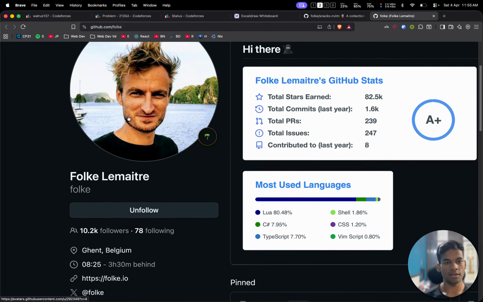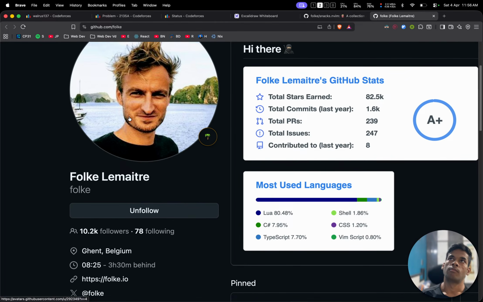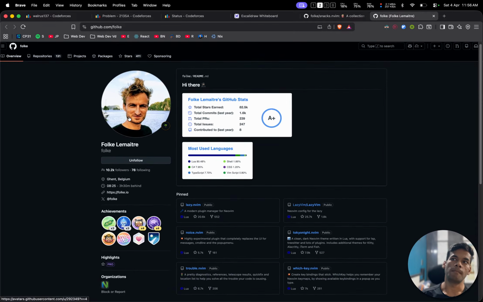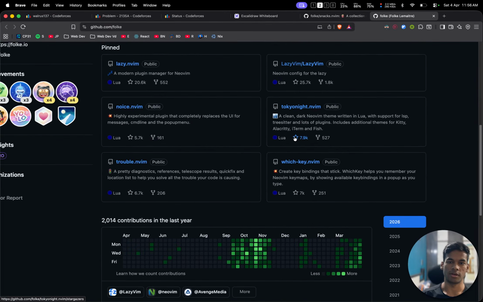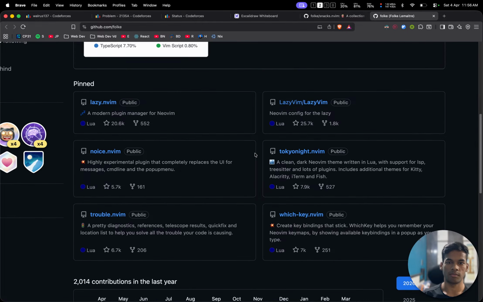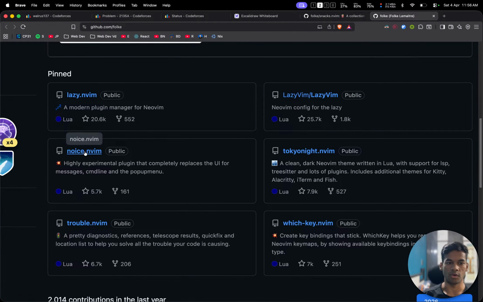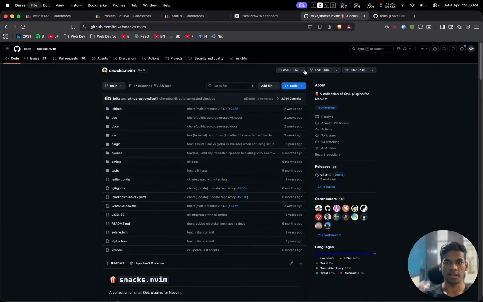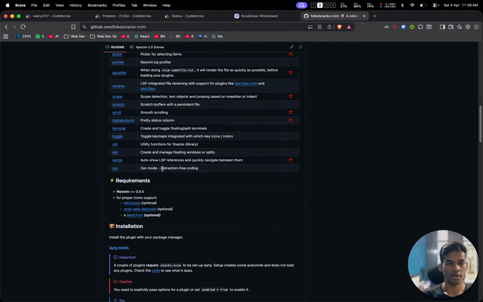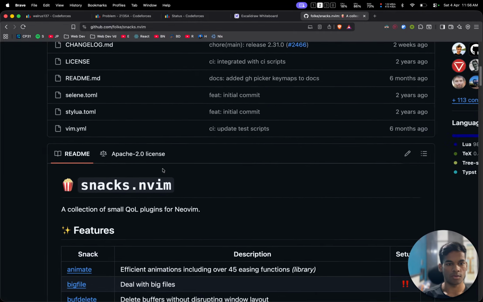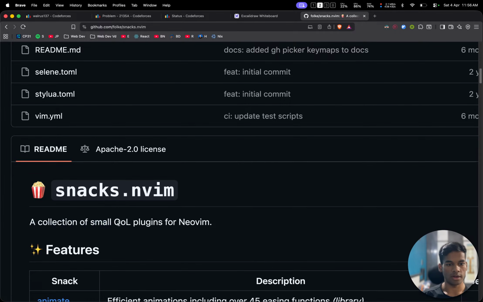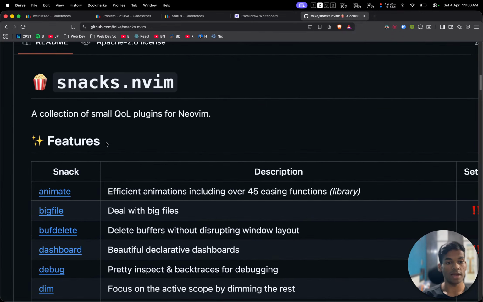And I think he's also working on an LSP manager, if I'm not wrong. Noice. Yeah, he's good. And he made this thing, a collection of small QOL plugins. Great. Quality of life. Let's go.